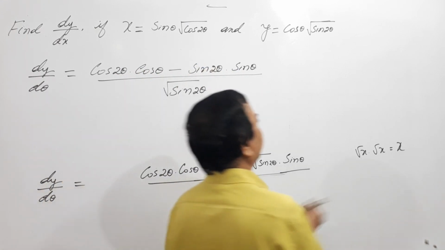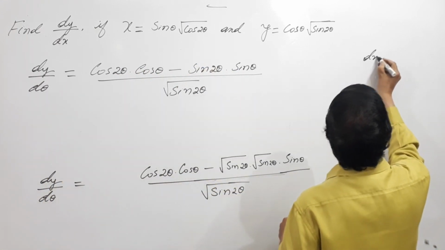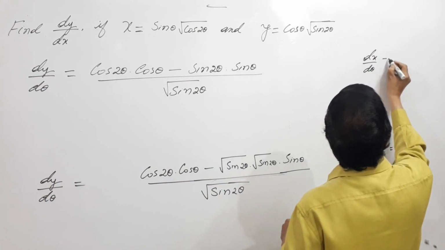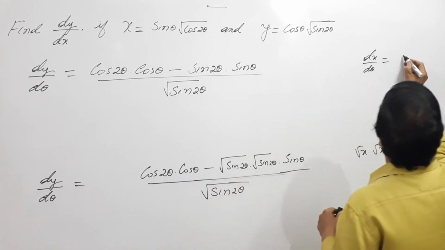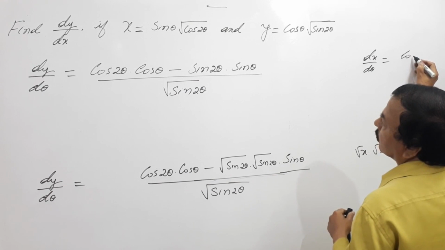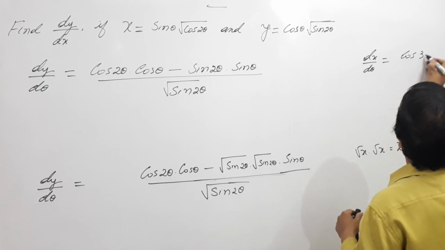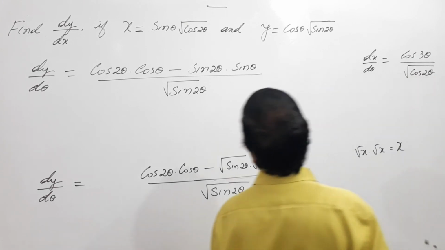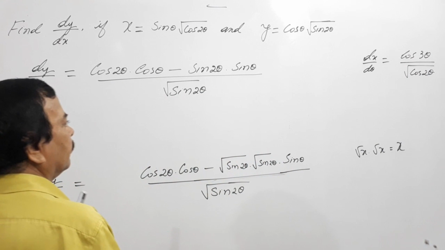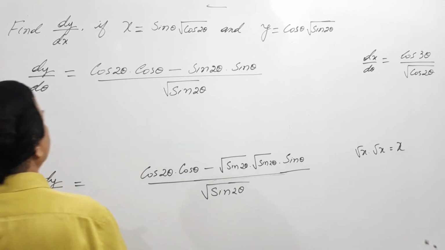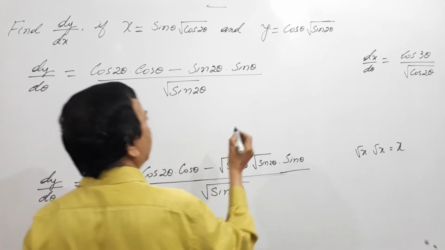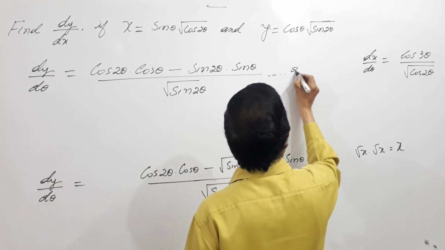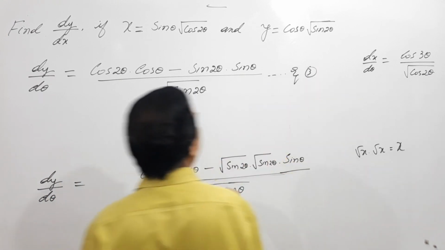So earlier we had dx by d theta, that is cos of 3 theta by under the root cos 2 theta, right? So now what happens to this? I call this equation 3.